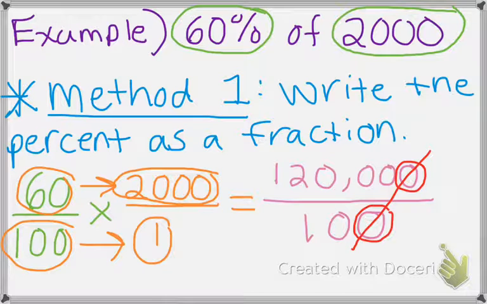But again, we can also cross out these two zeros. So now we can see that these two numbers were divisible by 100, because 100 has two zeros. So again, we can cross out those two zeros. So what we're left with is 1,200 over 1.